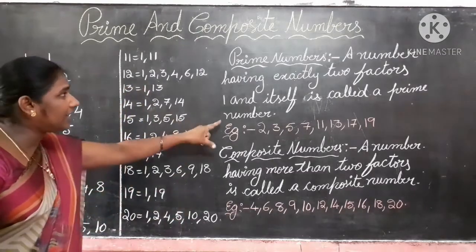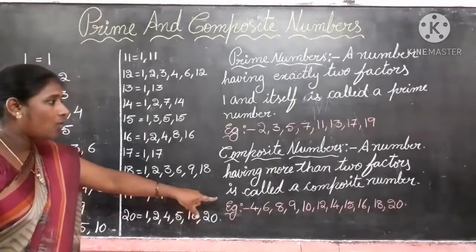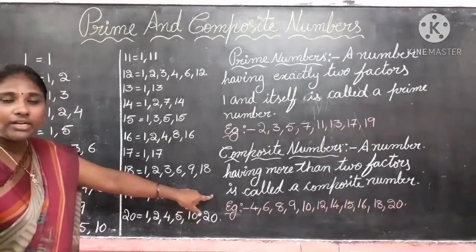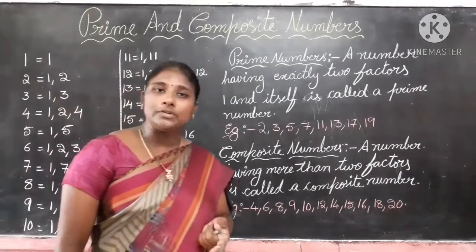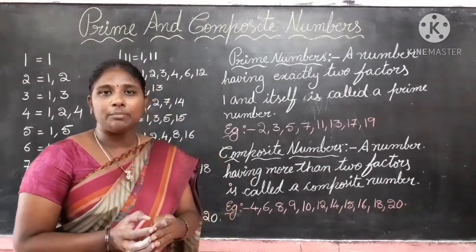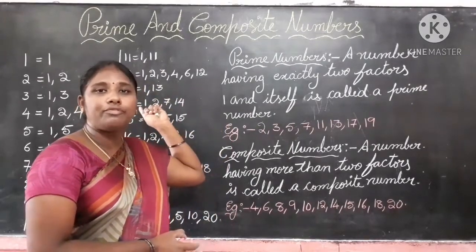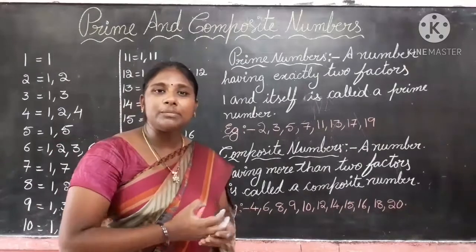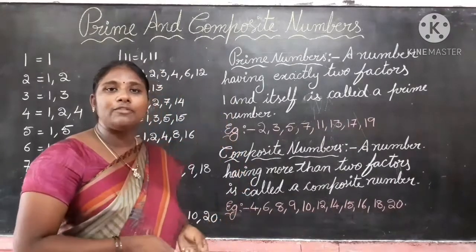But we didn't write 1 under prime numbers or composite numbers. Why? 1 is neither prime nor composite. If it were a prime number, it would have 2 factors, but it has only 1 factor. If it were a composite number, it would have more than 2 factors, but it has only 1 factor.